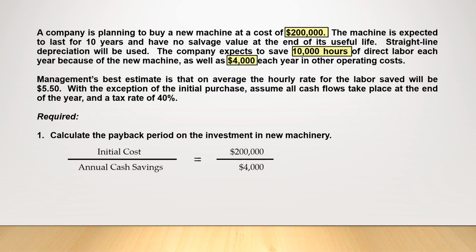Multiply those hour savings by the direct labor rate of $5.50 an hour and include that in the denominator. The labor cost savings are therefore $55,000, and total overall savings comes to $59,000. The cash payback period is approximately 3.39 years.